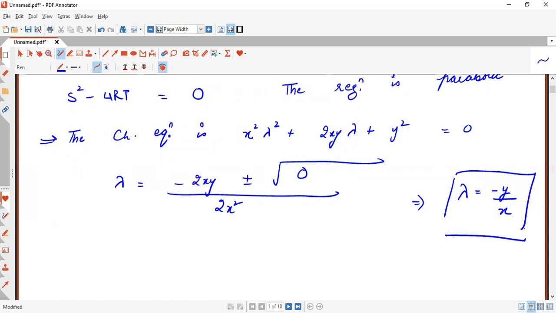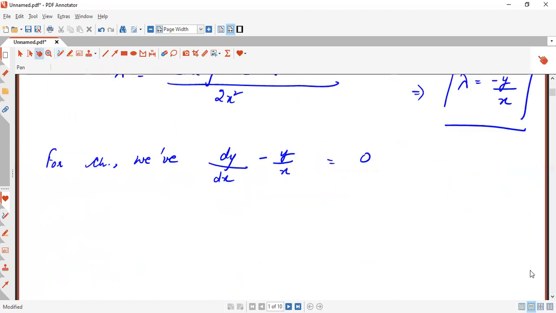Being parabolic, the roots are equal, so we've got one lambda. Whatever differential equation you make and find the solution of, that will be your xi, right? So for the characteristic we have dy by dx plus lambda, which is minus y upon x. Find the solution of it. Separate the variables.